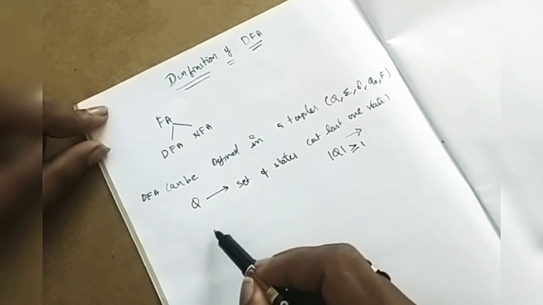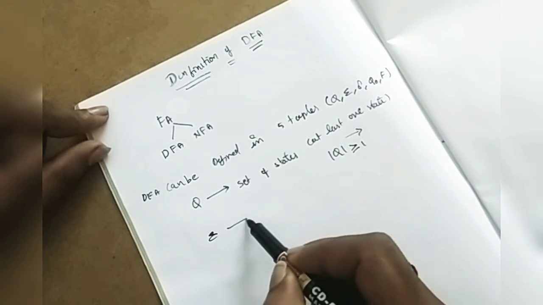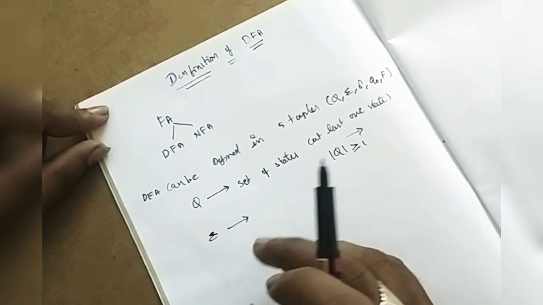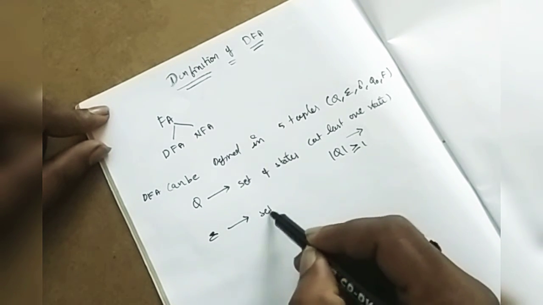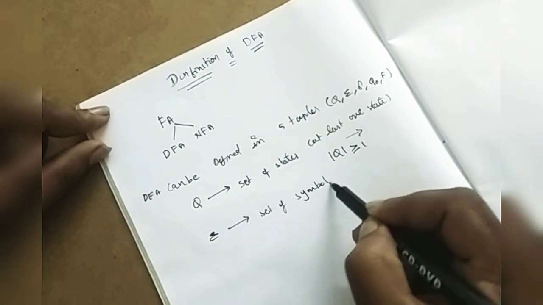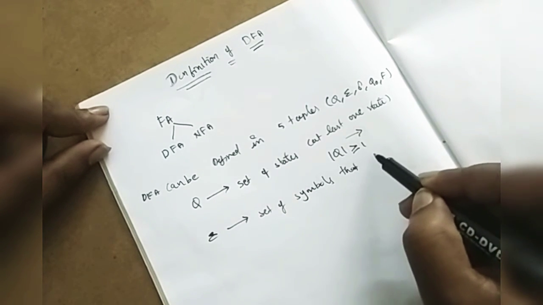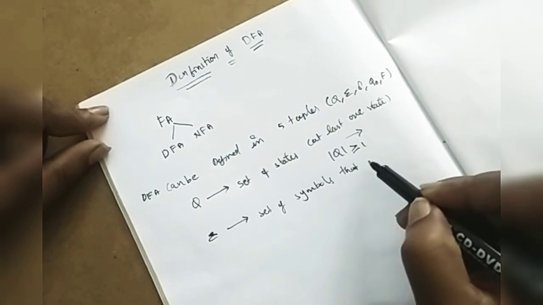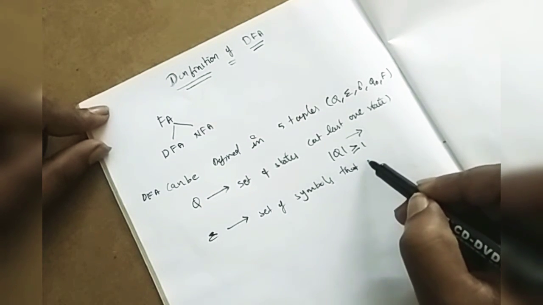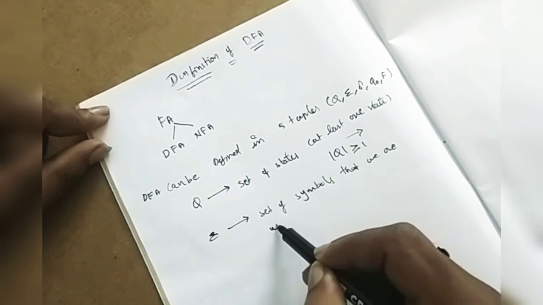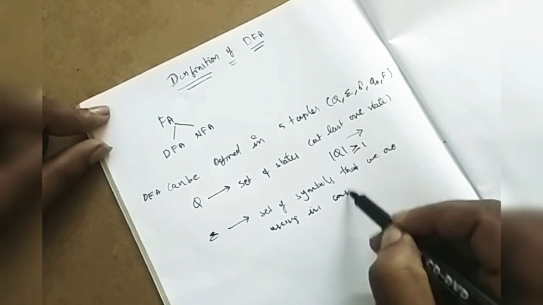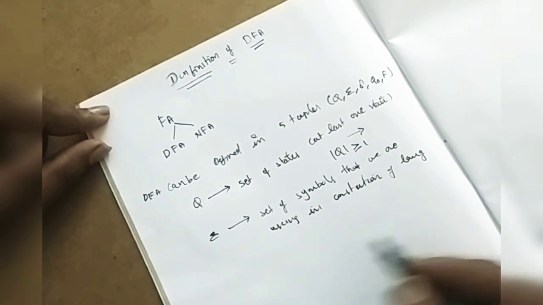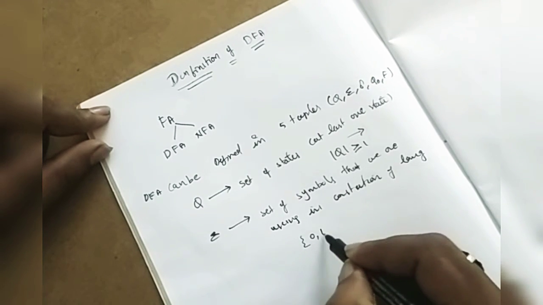Okay, next, sigma. I have taken a whole class about this sigma, how to build up sigma and how to take the symbols. This is the set of symbols that we are going to use in the construction of the language, in building up strings. If you want a binary language, you will take sigma as 0 or 1.